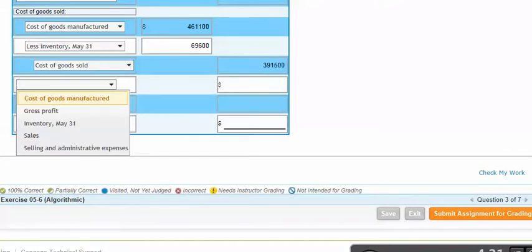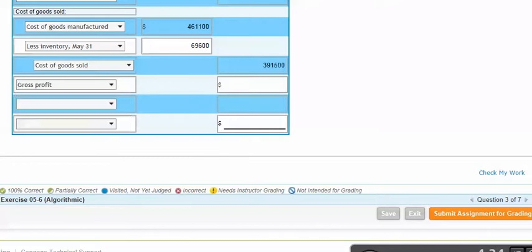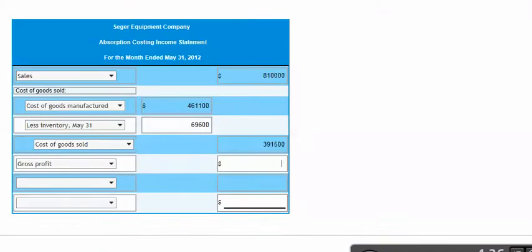That gives me my gross profit with an additional subtraction from my sales. So I have gross profit then of 418,500.